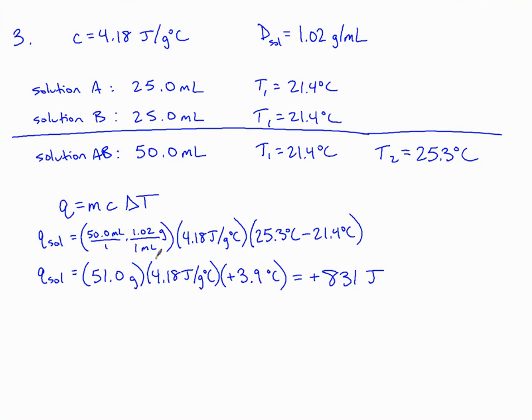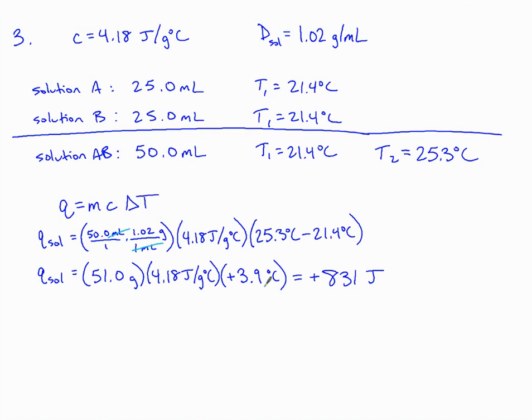So here is my mass. Remember, volume times density is mass. And if you double check this, that's grams. There's your specific heat given to us in the question, and T2 minus T1. So I went ahead and simplified it. The mass of this solution is 51.0 grams.